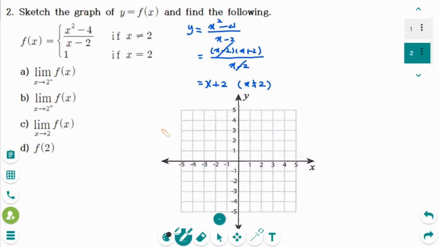First, we have to draw the y = x + 2 graph. Start with the intercepts. The y-intercept is 2 when x equals 0, and the x-intercept is -2 when y equals 0. So the graph is like this.